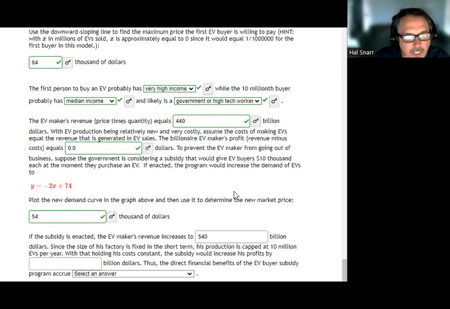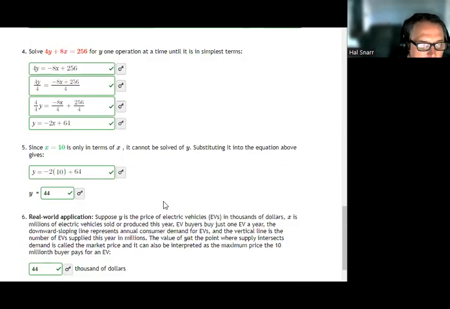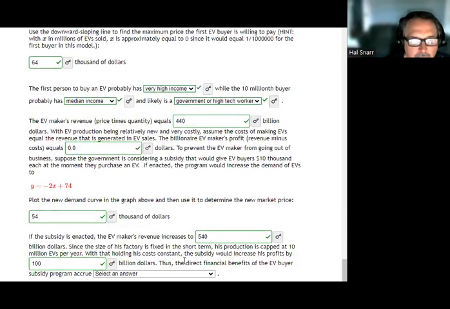So the costs haven't changed. The subsidy would increase profits by the difference of 540 and 440 billion dollars, or 100 billion dollars. So the billionaire's profits went from 0 to 100 billion.